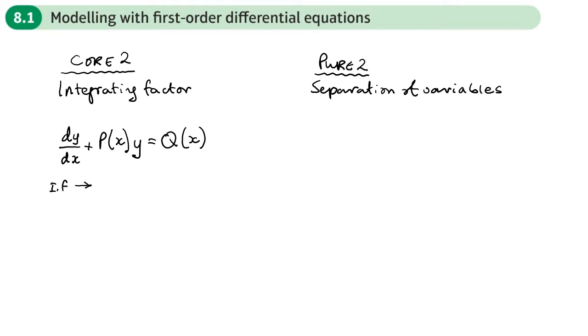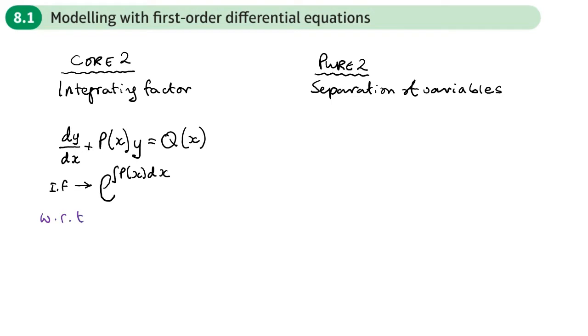You get this by doing e to the power of the integral of p(x) dx. Now just be aware that with a modelling question we often have things with respect to time.